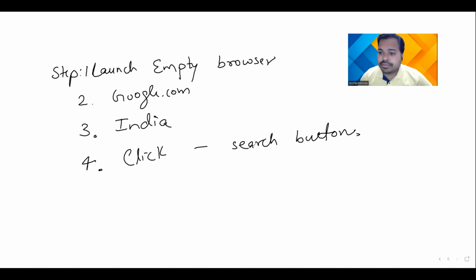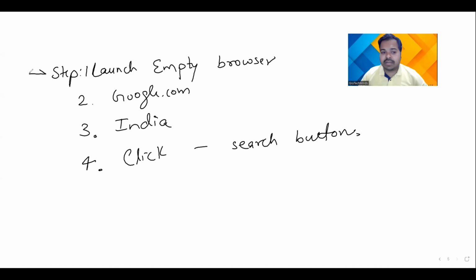Have all of you understood this scenario? Yes, Manish. Whatever I have provided you is the test case, a step-by-step procedure. I'm pretty sure you all know how to launch an empty browser and navigate to google.com.